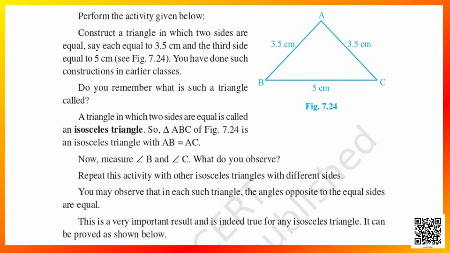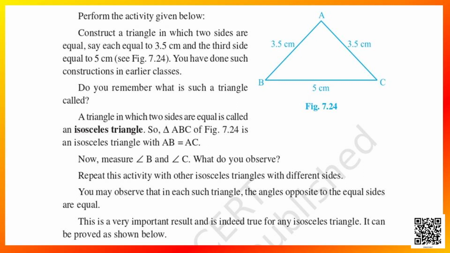Cut out the triangle from the sheet of paper and fold it along AD so that vertex C falls on vertex B. What can you say about sides AC and AB? Observe that AC covers AB completely. So AC is equal to AB.